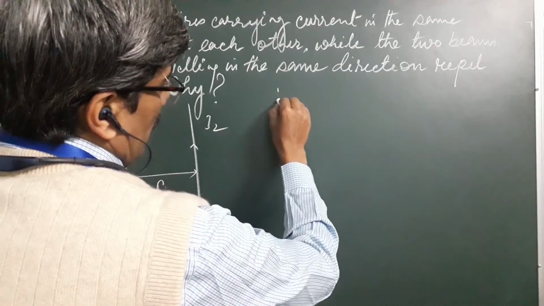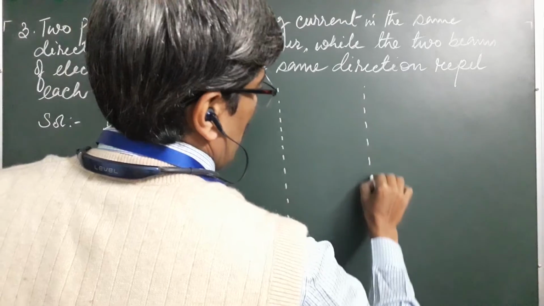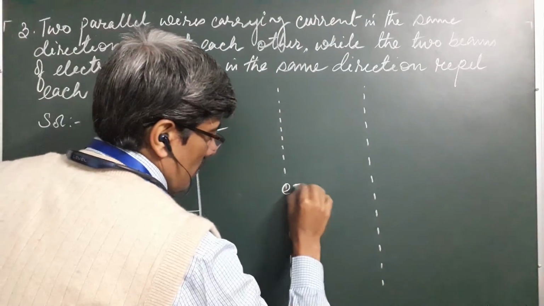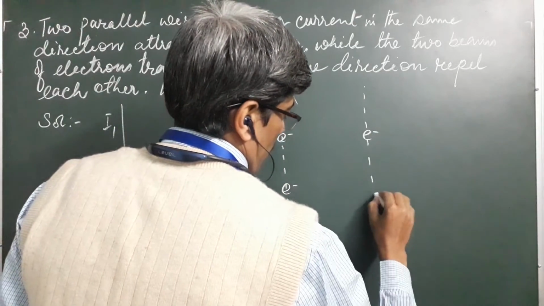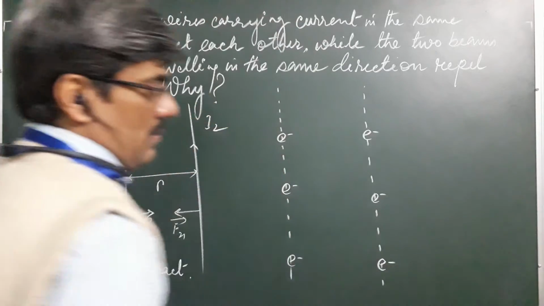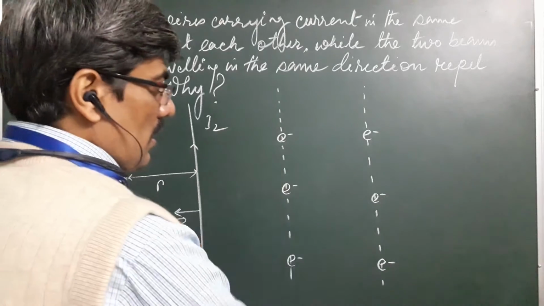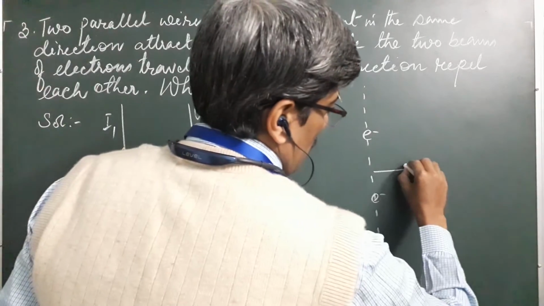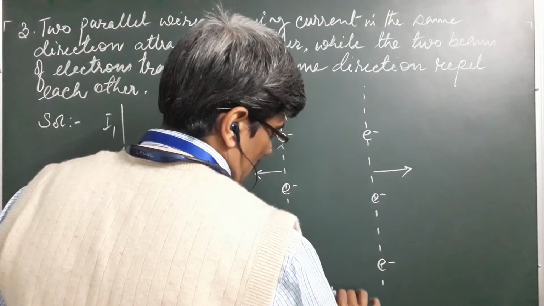But if you have two streams or beams of electrons, suppose electrons are moving in the same parallel fashion, these two beams are found to repel each other. That means repulsion.